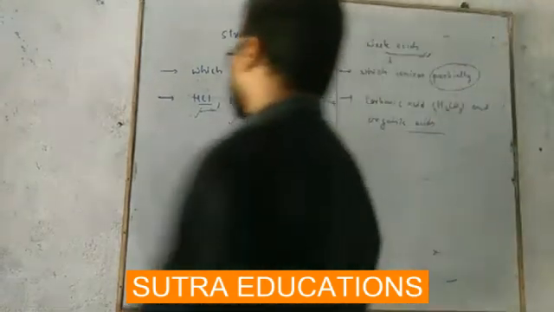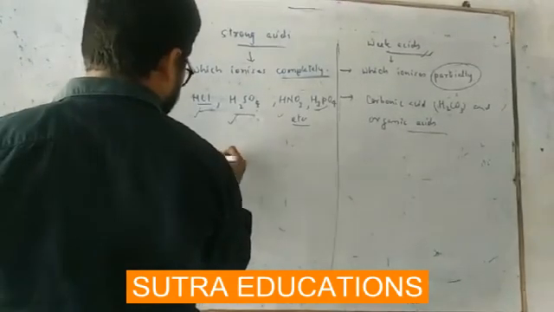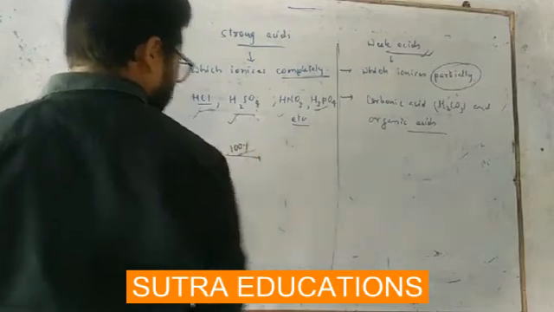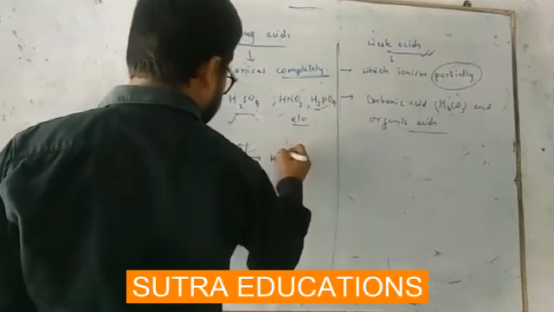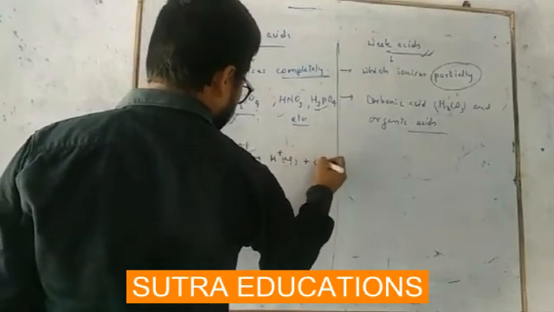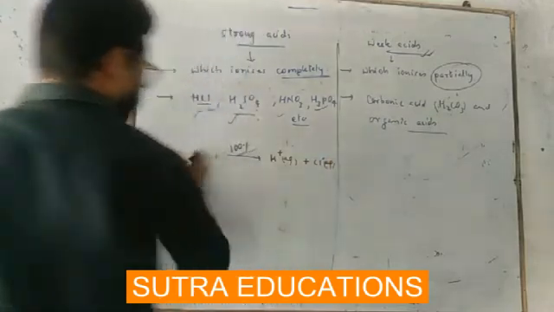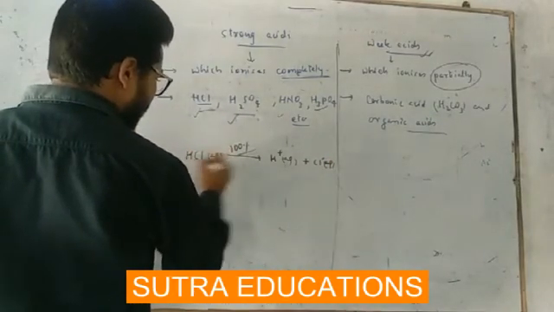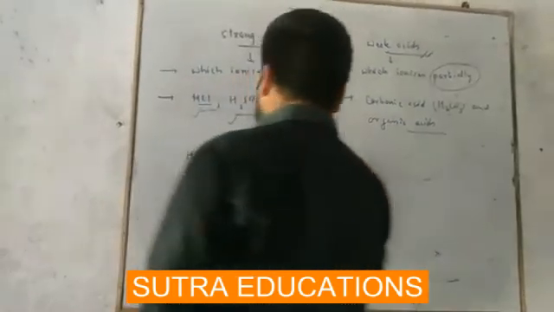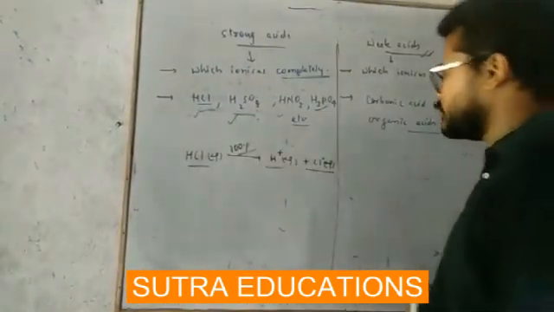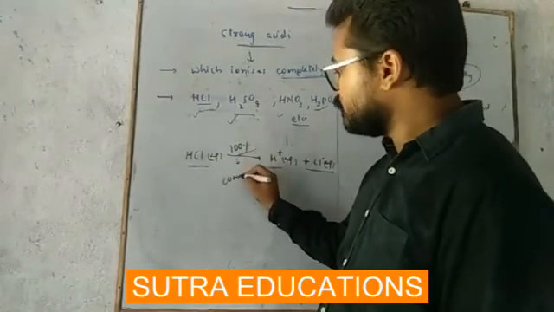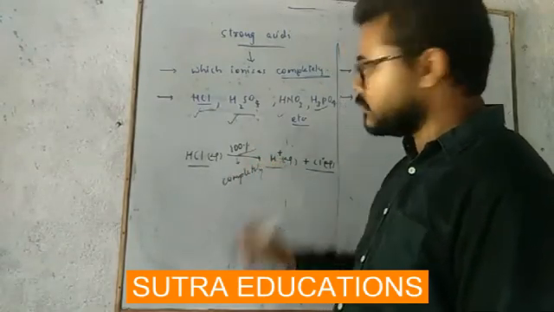If it is HCl, it is ionizing 100%. It will produce H plus aqueous plus Cl minus aqueous. HCl will break down into H plus and Cl minus completely.